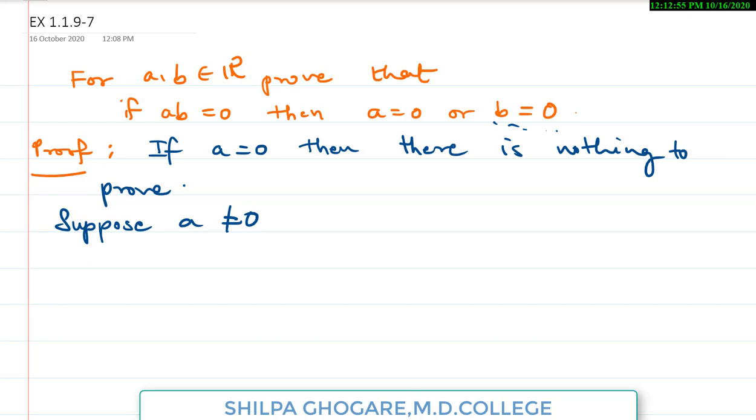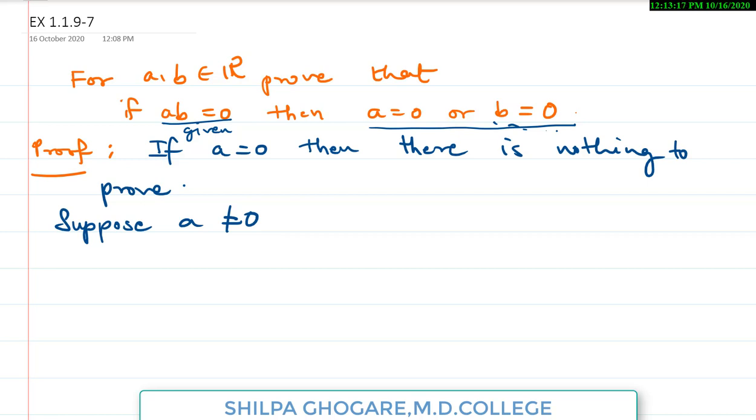Now please remember what is given here, whatever is after if, that is given. So here this is given, A into B is 0. And what is TPT? This is the TPT. So I have considered the situation that A is not 0. Then I should prove that B is equal to 0. Correct?